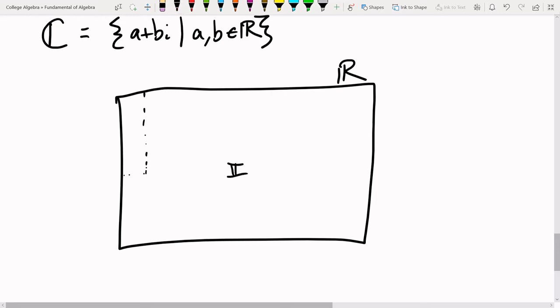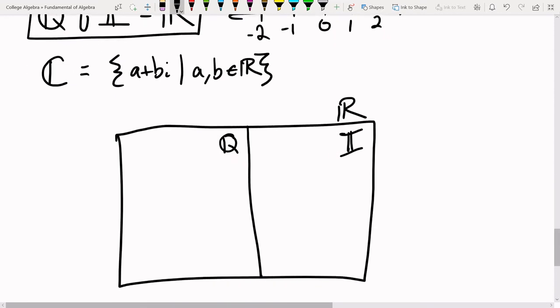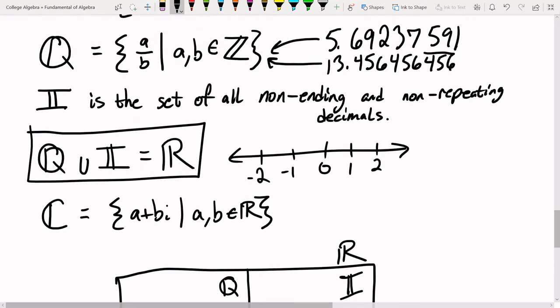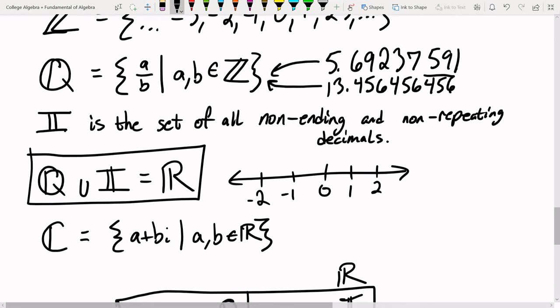That's hard to look at, and so I'm going to split it more like half and half. But just know there are way more of these than anything else. The rational numbers. We know there's this divide here, right? Irrational is every non-ending, non-repeating decimal, and the rational is ending or repeating decimals. So we know there's a divide there.